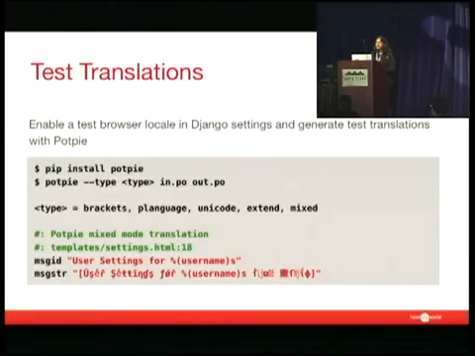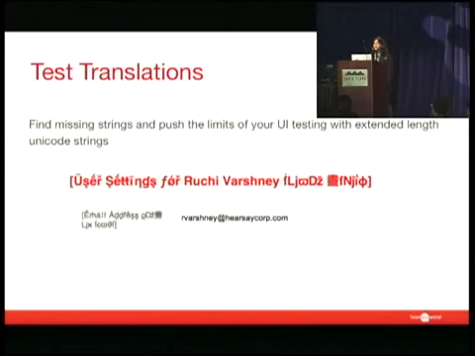You simply run a potpy command to generate a bunch of test translations, and you can see that it found some Unicode equivalent strings for my message strings. Then when I run through the standard process of compiling and adding this to my Django app config, I see that it shows up like this on my website.